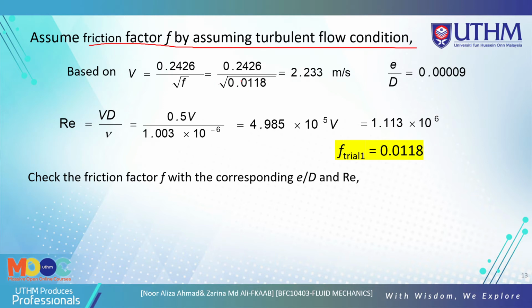So you can also assume it as 0.01. The f trial is assumed as 0.018, so it is 0.02 actually. You can also use 0.02, assuming the friction factor based on the Moody chart here.